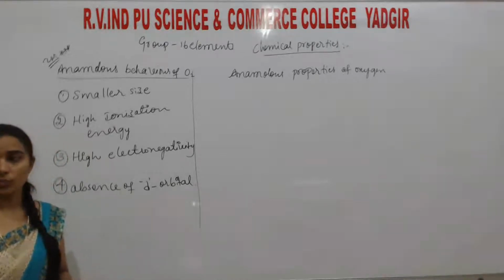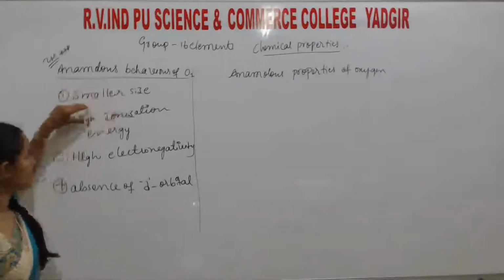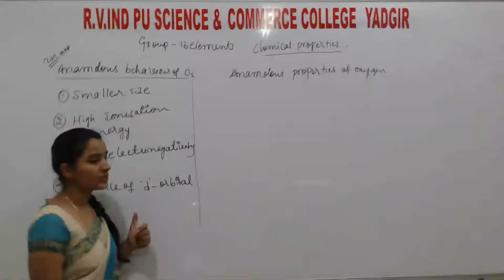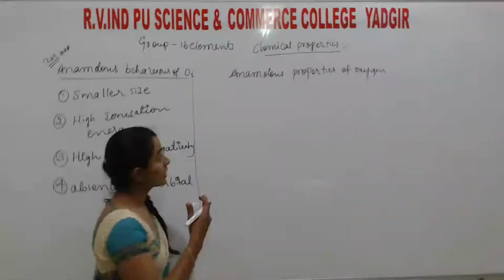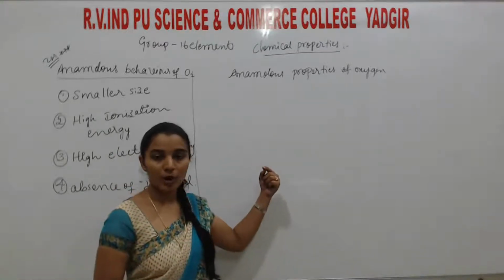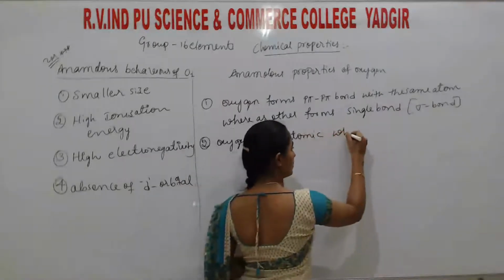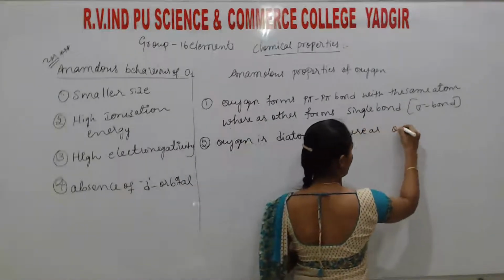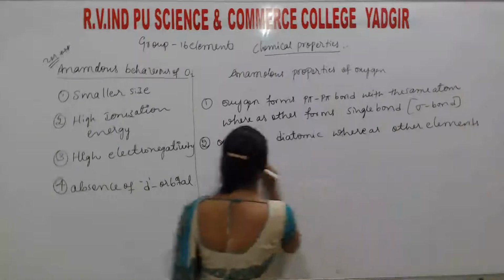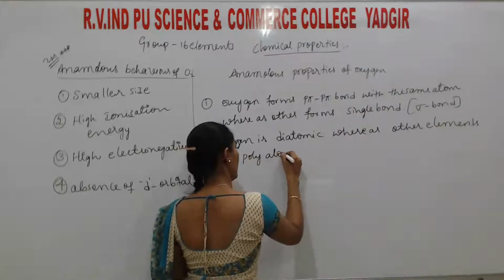Anomalous means different. Why does it behave differently? So the anomalous behavior is due to smaller size, higher ionization energy, high electronegativity, and absence of d orbitals. Next is anomalous property. Due to these reasons, what different properties are exhibited by oxygen? Oxygen is diatomic, whereas other elements are polyatomic.